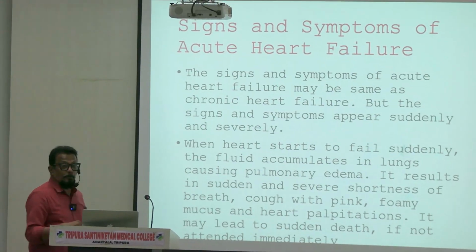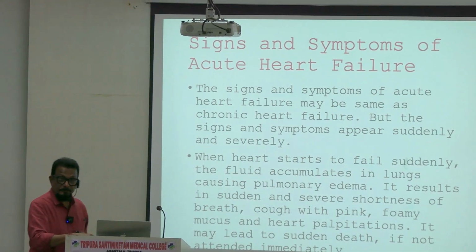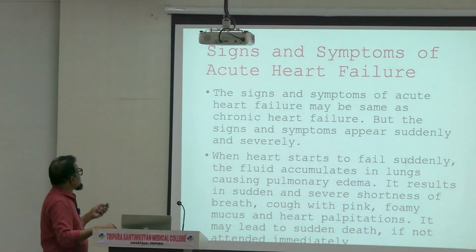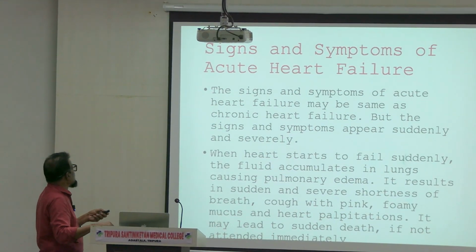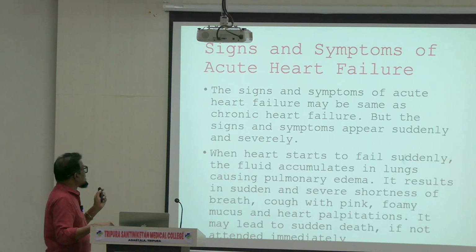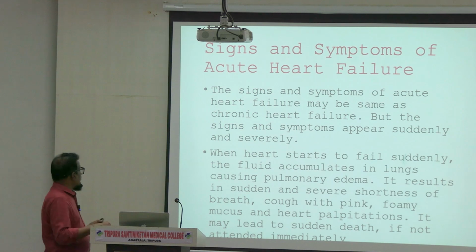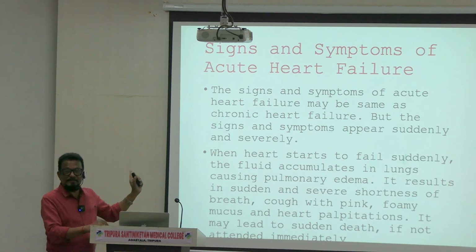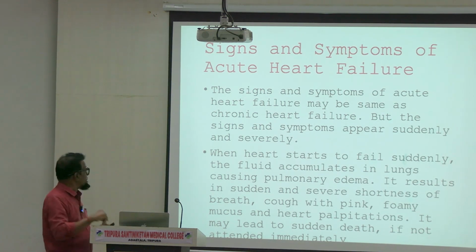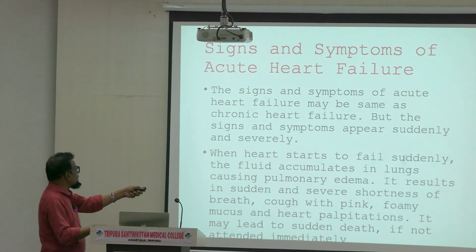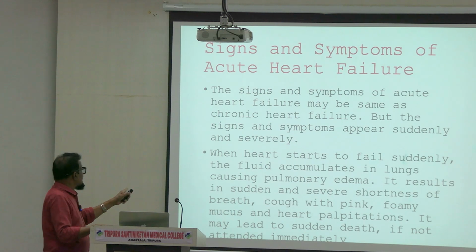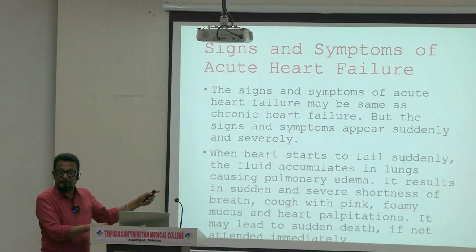Signs and symptoms of acute heart failure. They may be the same as chronic heart failure, but the signs and symptoms appear suddenly and with severity. In the chronic stage it develops slowly and takes time. When the heart suddenly starts to fail, fluid accumulates in the lung, causing pulmonary edema.